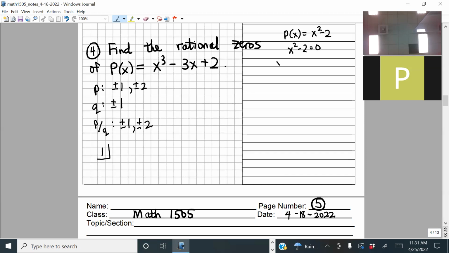So when you solve this equation, you get x squared is equal to 2, or x is equal to plus or minus square root of 2. Square root of 2 is not a rational number. Okay, you cannot write that number as a fraction. Any square root that's not a perfect square is an irrational number. You cannot write it as a fraction. So you see, polynomials do not have to have rational number zeros. Okay? But we're hoping they do, so that we can find them, right?